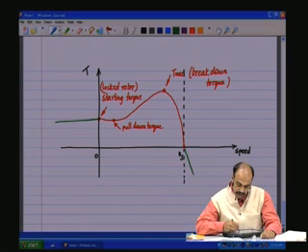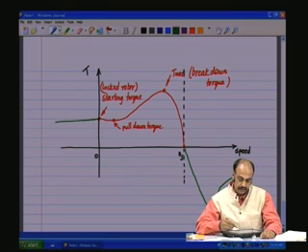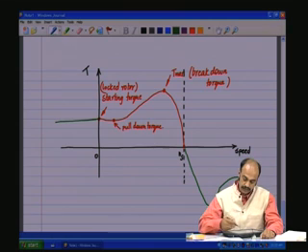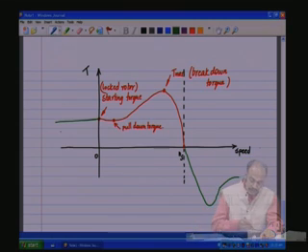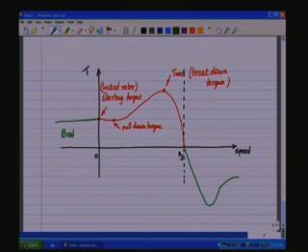It starts coming like that and goes like that. So it will be a mirror image of what you see there. So this is the generating zone. This is the braking zone. This is the generating zone, which is a mirror image of what is there in the motoring zone.